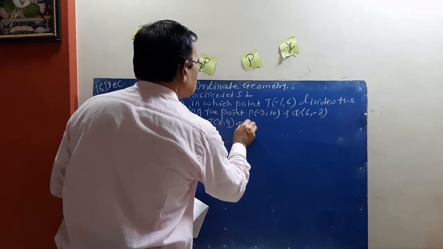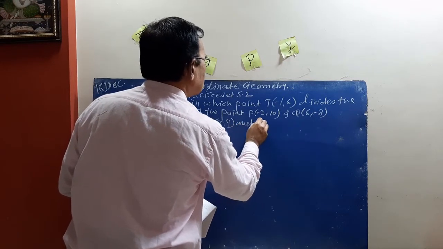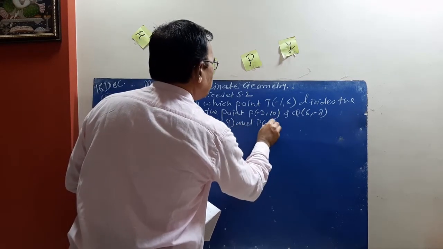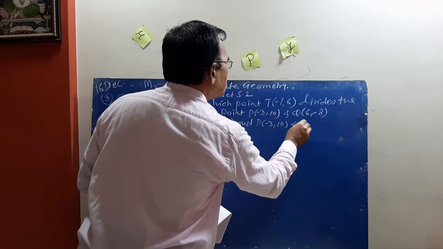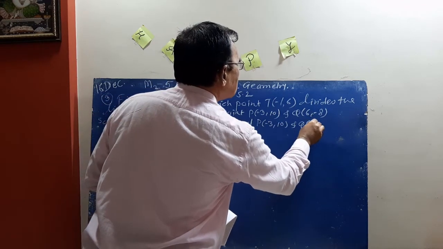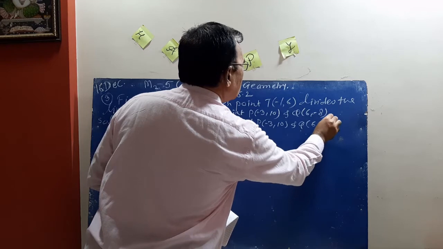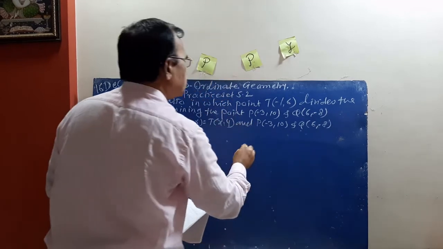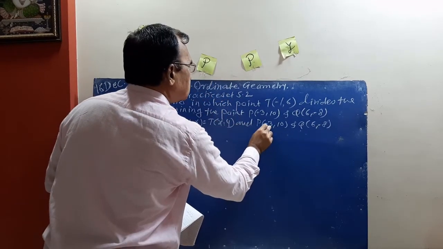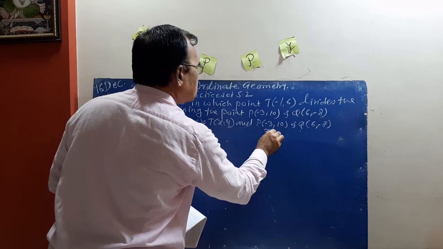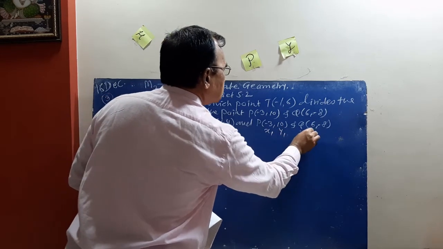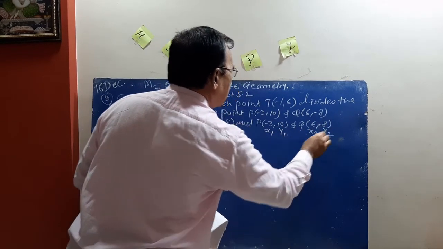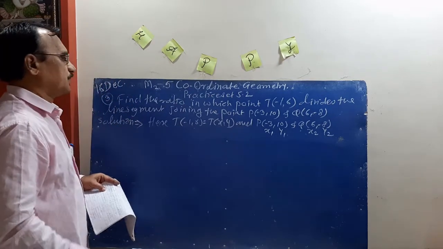and P(-3, 10) and Q(6, -8). This is x1, this is y1, this is x2, and this is y2.